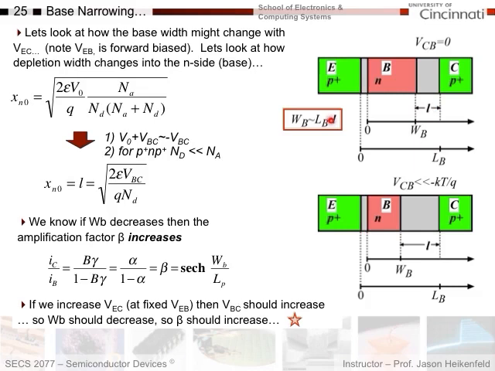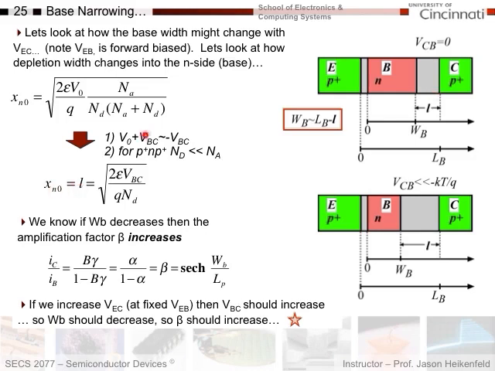Well, L is going to be Xn naught. Xn naught was the amount of depletion into the N side of a PN junction, and because this is P plus N, we know all the depletion is pretty much into the N side. And so I could calculate that using this equation, and I know it'll be equal to L, as I just stated, because all the width of this depletion region is into the N side.